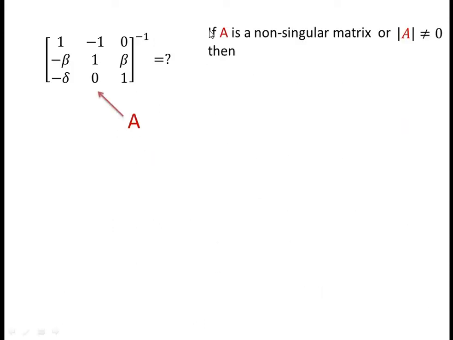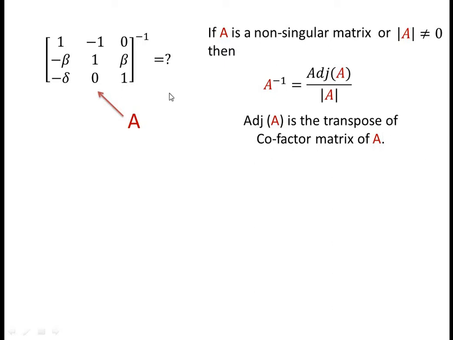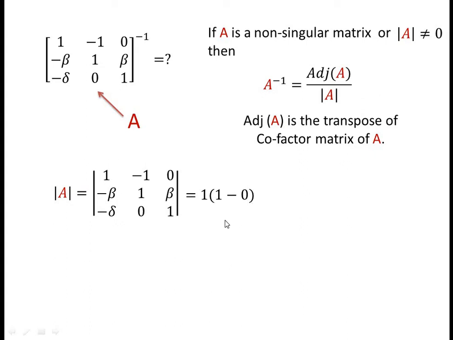Let A be the coefficient matrix. Now, if A is a non-singular matrix, that is the determinant of A is not equal to 0, then the inverse of A is equal to the adjoint of A divided by the determinant of A, where the adjoint of A is the transpose of the cofactor matrix of A. The determinant of the coefficient matrix is equal to 1 into 1 minus 0, minus minus 1 into minus beta, plus 0 because it is 0.